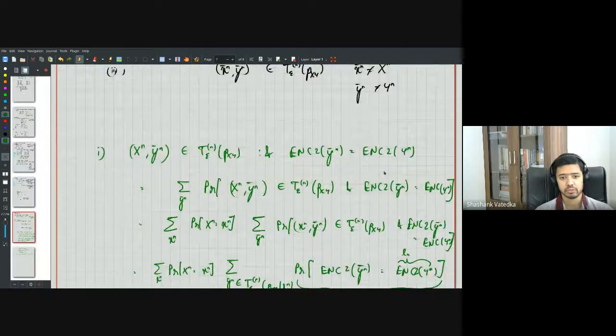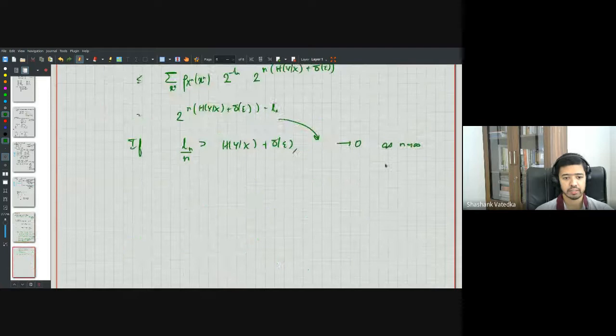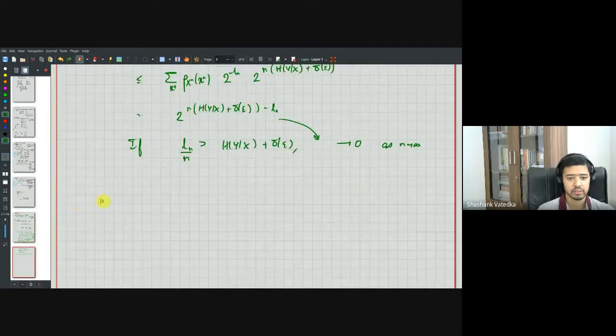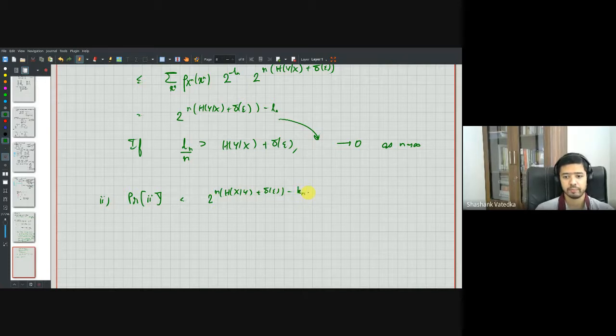All right. Similarly, in the second case, the probability of the second event happening is upper bounded in a very similar fashion by 2 to the n times h of x given y plus some delta of epsilon, minus kn.